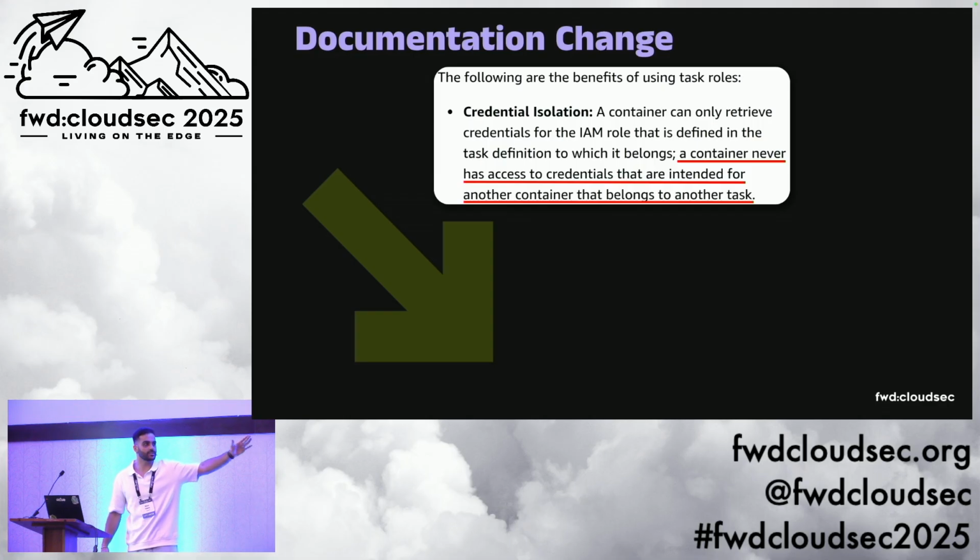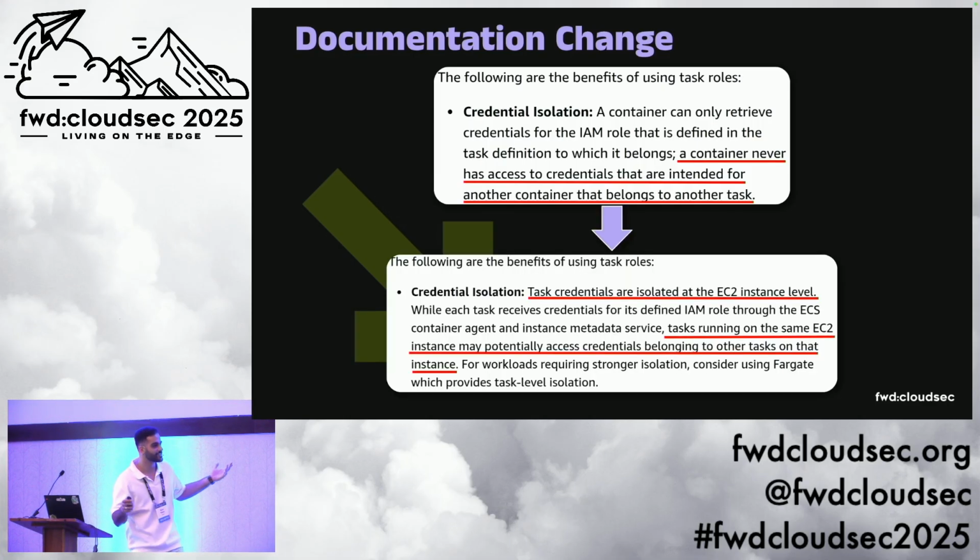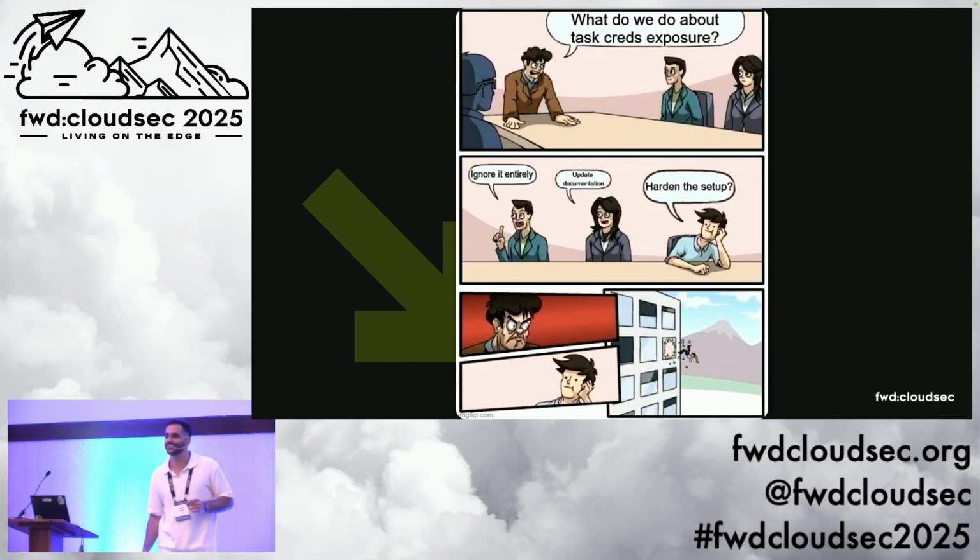This is the documentation that they had before, as I showed you. And now, the new documentation says that tasks running on the same EC2 instance may potentially access the credentials belonging to other tasks on that instance. That's good. This is what I think is going on in their office.